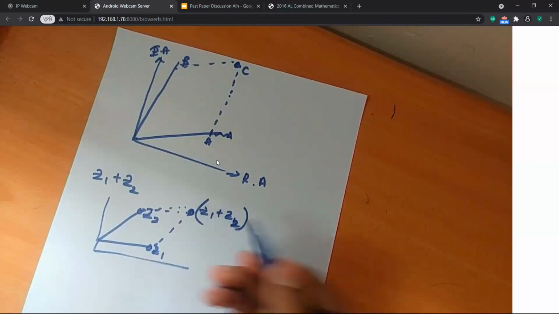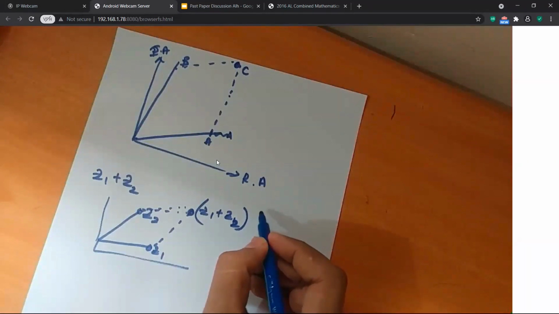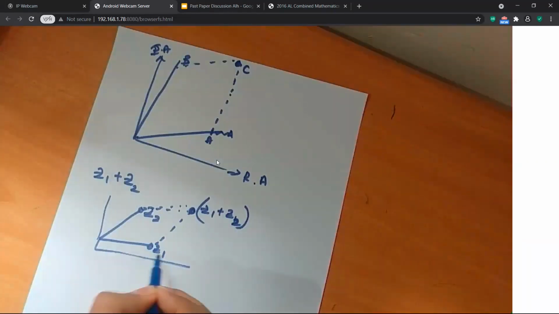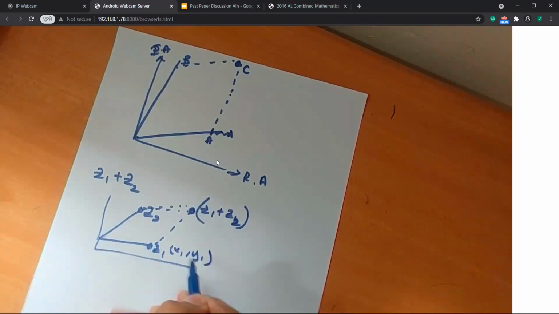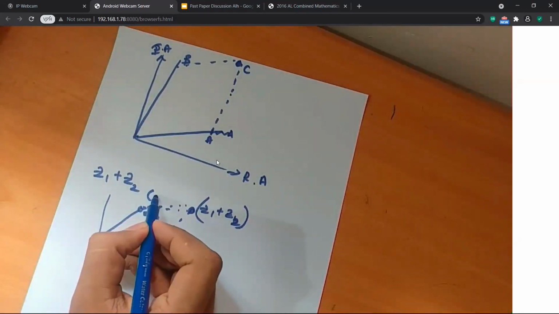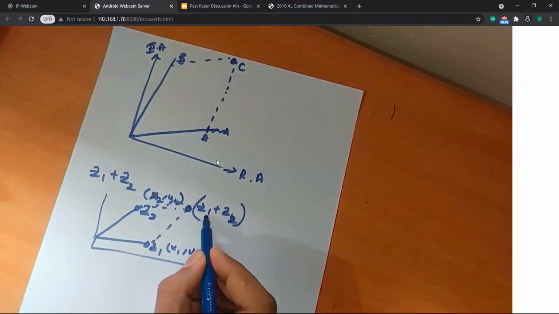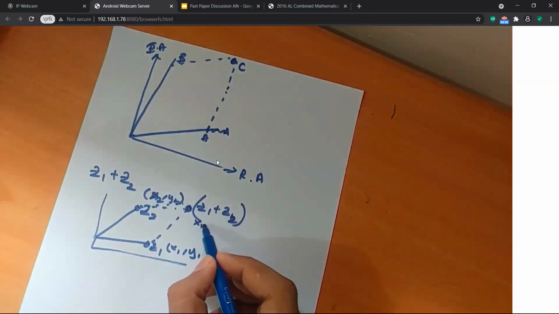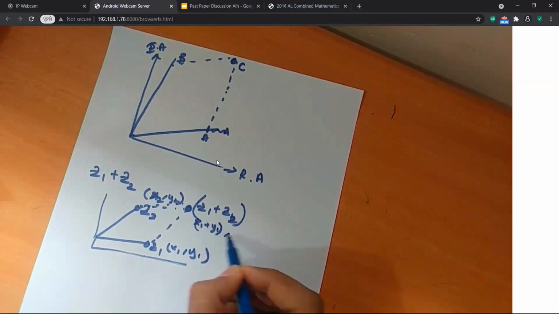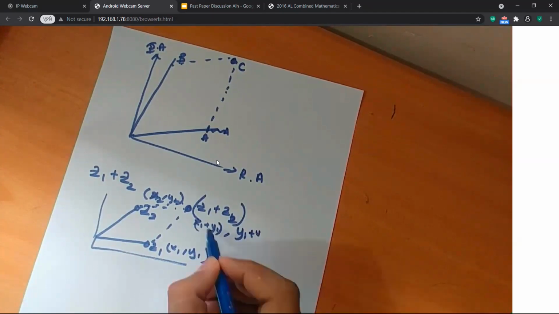Now, just to show you how that came about, the point here is X1, Y1. The point here is X2, Y2. The point here is actually X1 plus X2 and Y1 plus Y2.